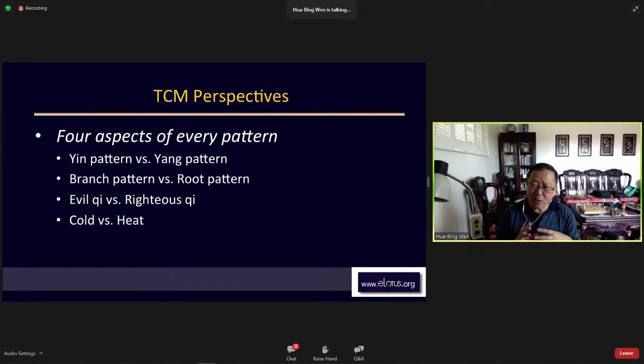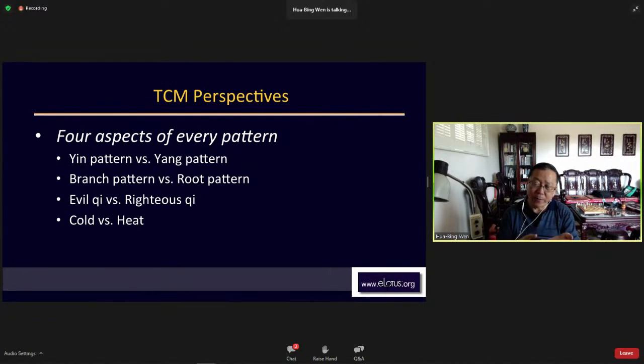And interestingly enough, most cancer patients show a combination. They have cold, they also have heat. A lot of those patterns you normally don't see together, but you may see them in cancer patients.